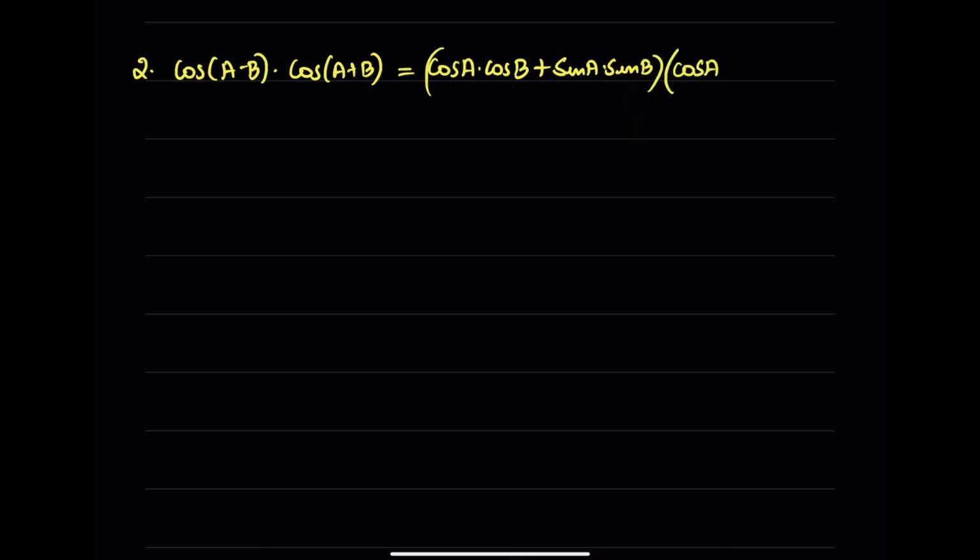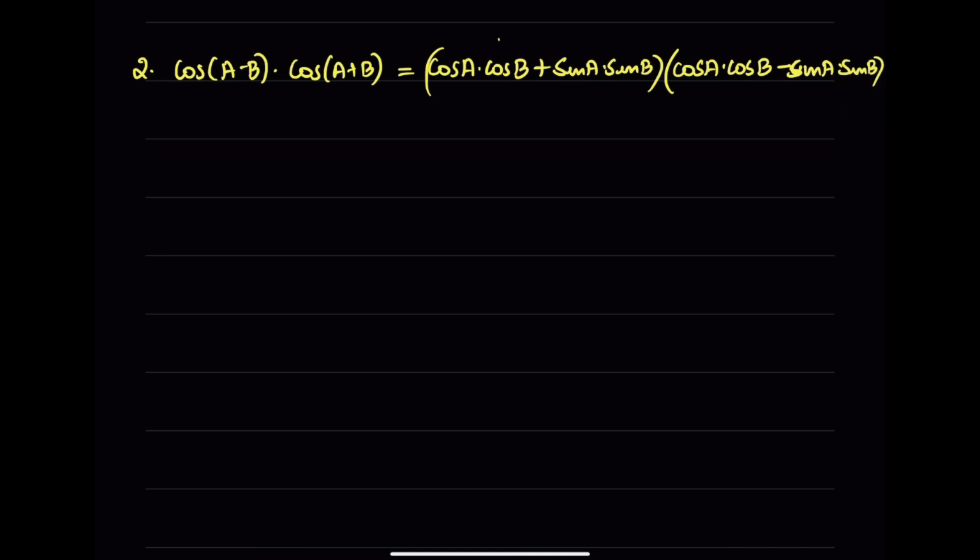Let's solve the second problem, which is cos(a−b) multiplied by cos(a+b). Here we have to prove that it is cos² a − sin² b or cos² b − sin² a. So let's apply the formula. cos(a−b) is cos a cos b plus sin a sin b, and cos(a+b) is cos a cos b minus sin a sin b.